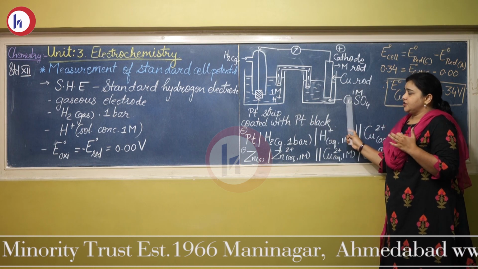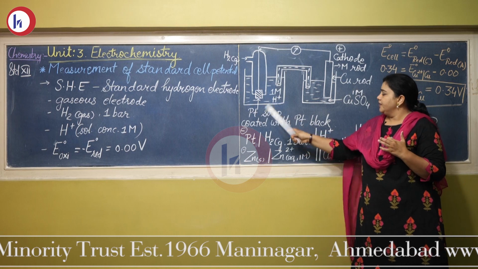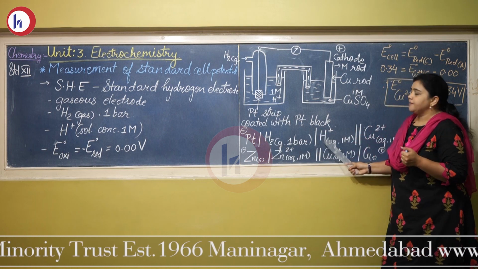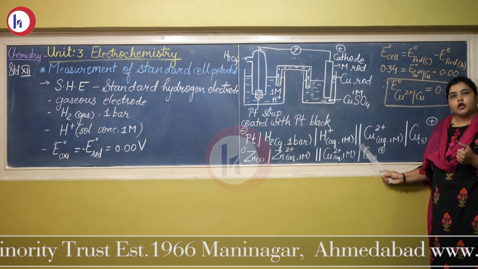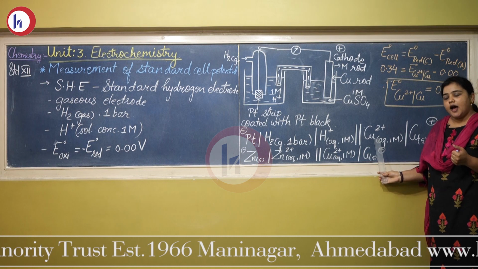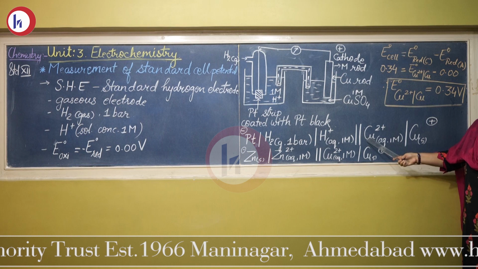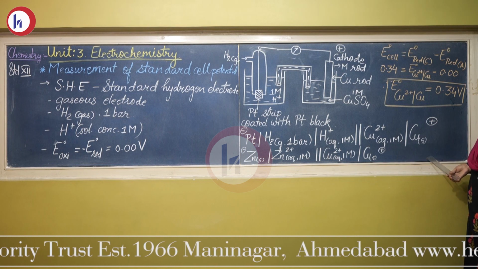So for this construction we can write, as you can see, the platinum strip is in contact with hydrogen gas, that is bubbled, which is dipped in H plus aqueous solution. The double line indicates the salt bridge whose both ends are dipped in both the half cells, and at the other end, if you can see, copper ions which are in contact with the copper electrode.